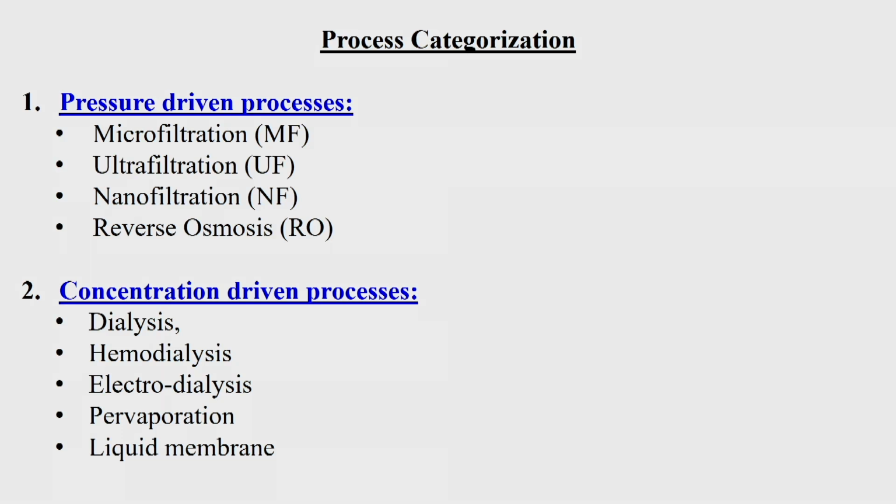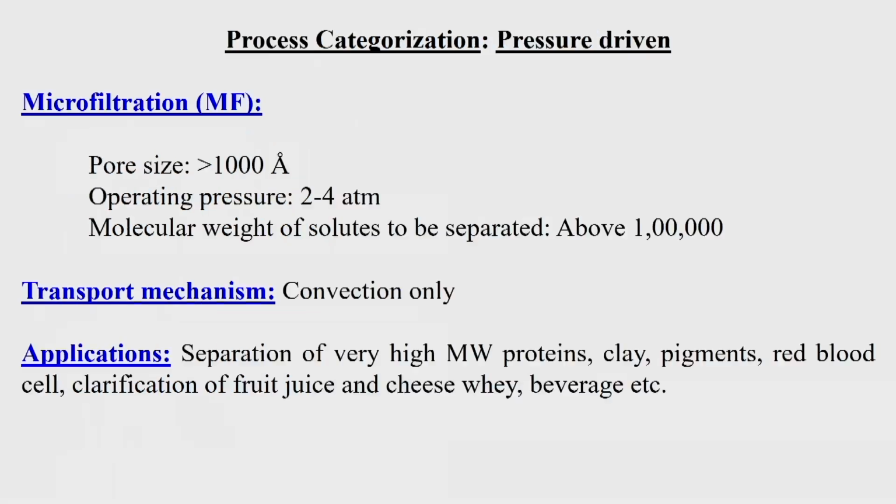And in terms of concentration driven processes, we have dialysis, hemodialysis, electrodialysis, pervaporation and liquid membranes. We will be discussing all these processes briefly, because later, whenever we discuss the different models, we will discuss them in detail.